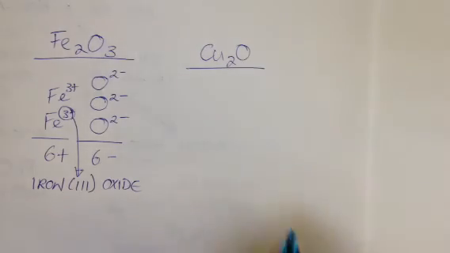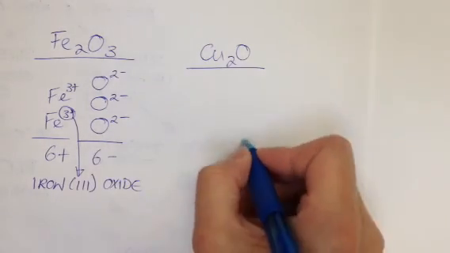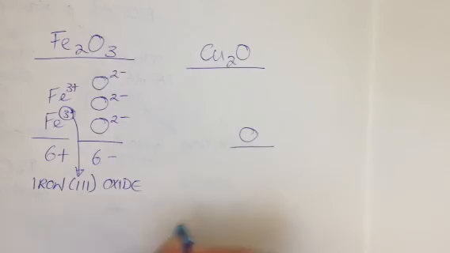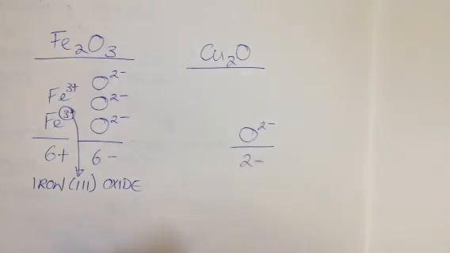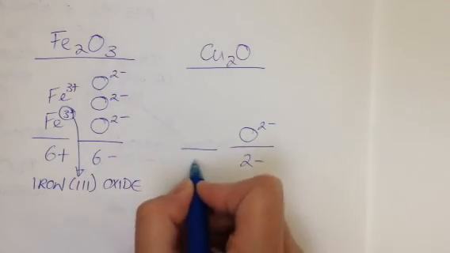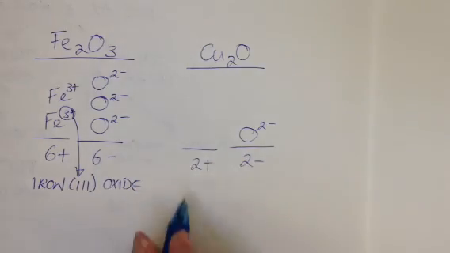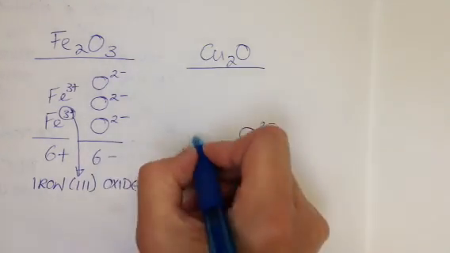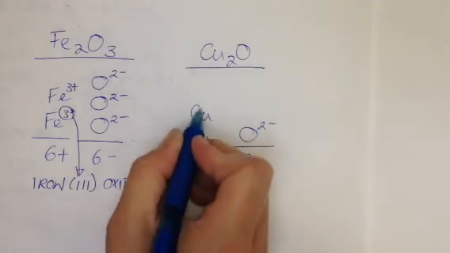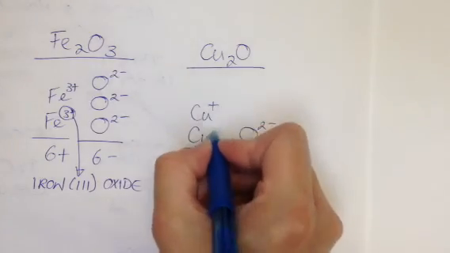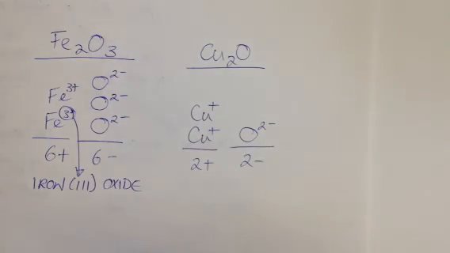Cu2O. Cu is copper. Again, set it up the way I showed you, like a backwards horseshoe. We've got 1 oxygen, it's 2-. That means our positive charge must be 2+. There are 2 coppers in the formula. So we share that 2+ evenly between the 2 coppers, and they get 1+ each.